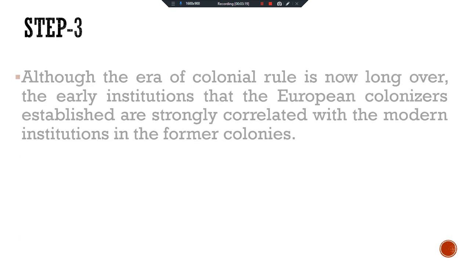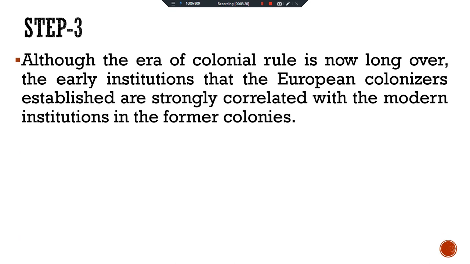Step 3. Although the era of colonial rule is now over, the earlier institutions that the European colonizers established are strongly correlated with the modern institutions in the former colonies.